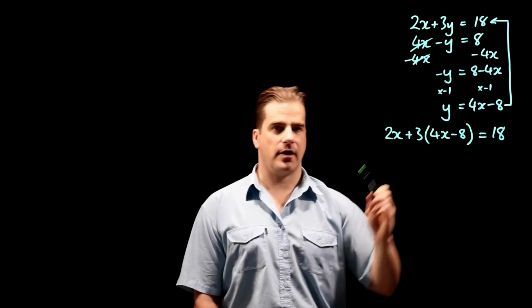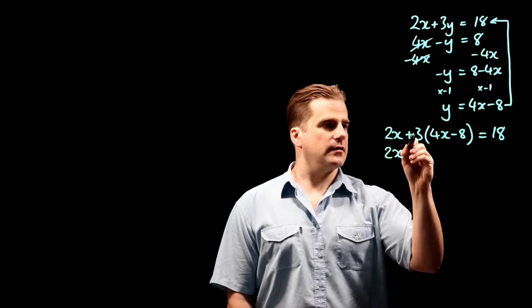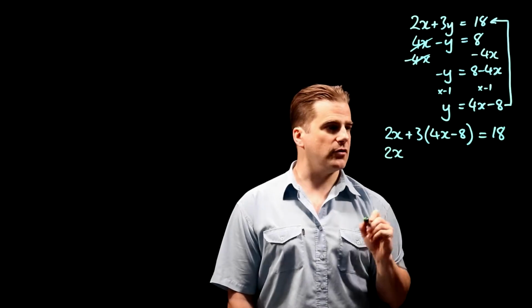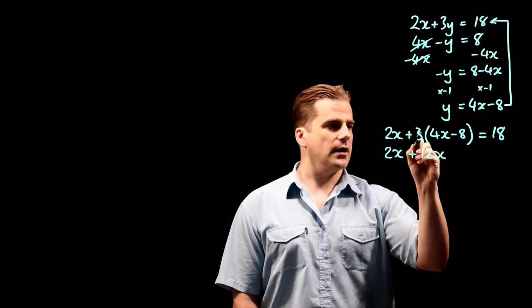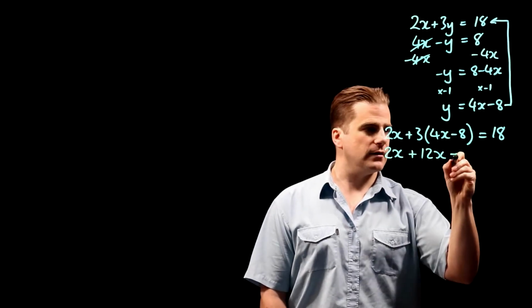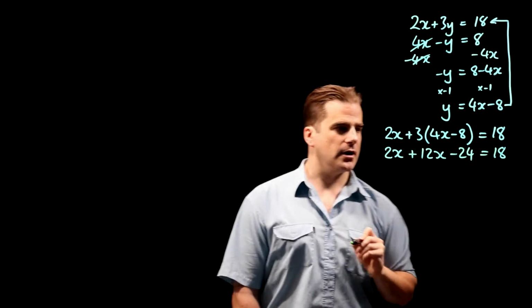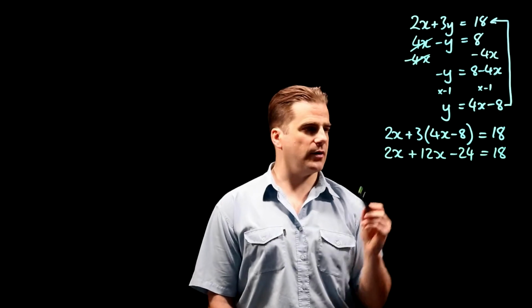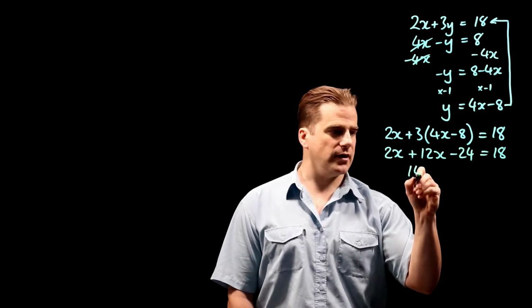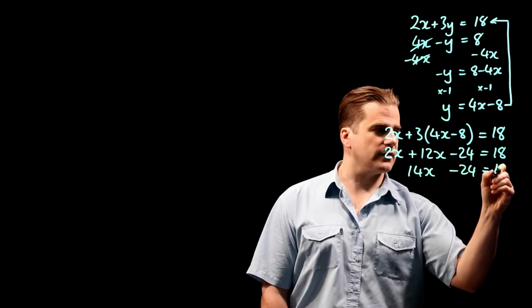So let's multiply out the bracket first. We get 2x. Now 3 times 4x is 12x, and 3 times minus 8 is minus 24. Okay, gather like terms. We've got a 2x and a 12x. That's 14x. Minus 24 is 18.